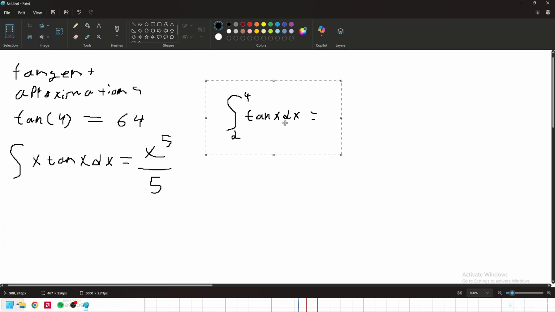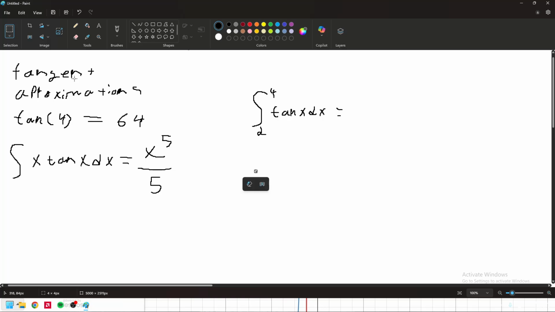Now, this is a definite integral, so it's not a general antiderivative. You could do a Riemann sum, but you probably don't know how to do that because you're not that advanced, but it's okay. So tangent of x, we know that's equal to x to the third, right? So we're just going to substitute that out and integrate.